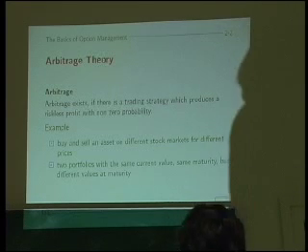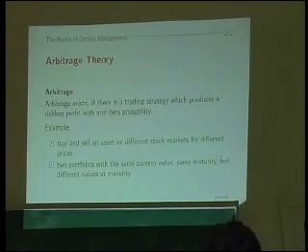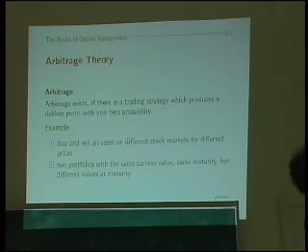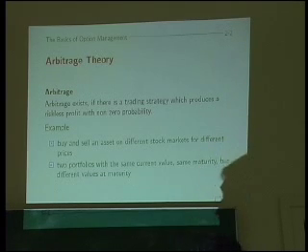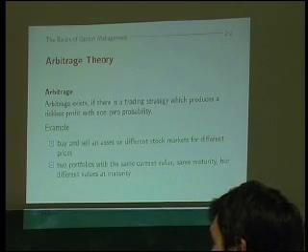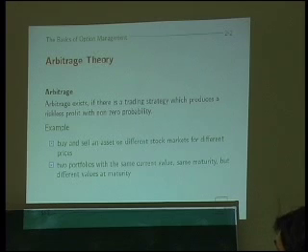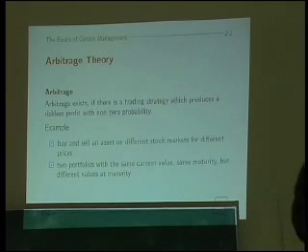This property, if you propose some model for a financial market, or you propose a strategy, this strategy should be a non-arbitrage strategy. Some examples: if you buy and sell a stock, or buy one stock and another stock at different prices, then there is some possibility of arbitrage.